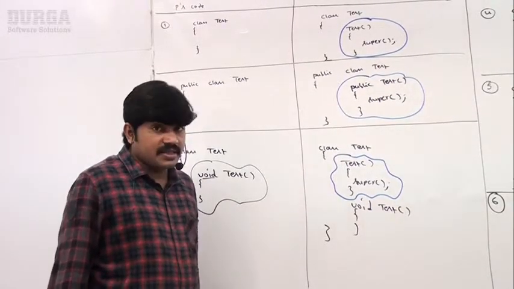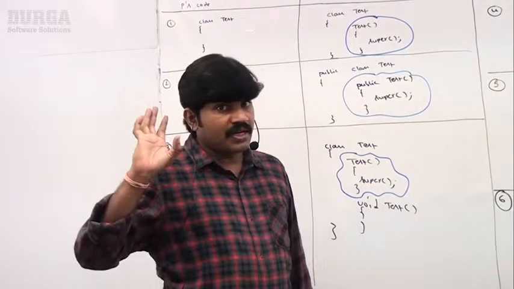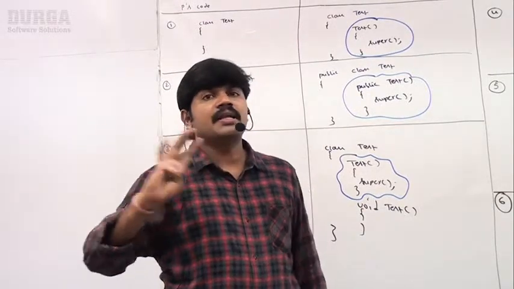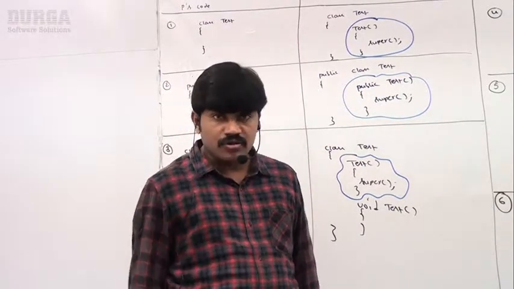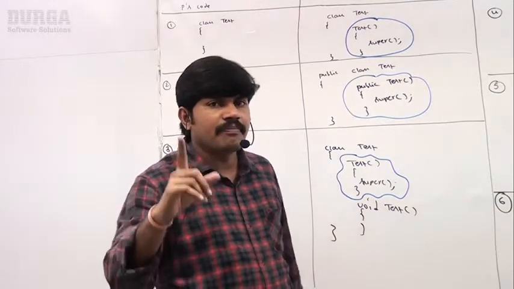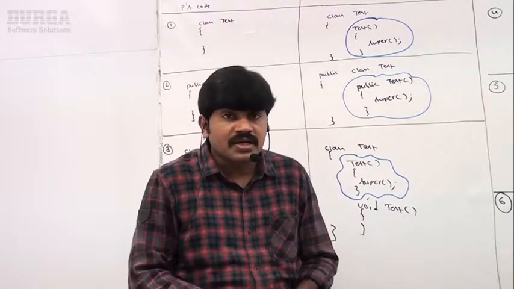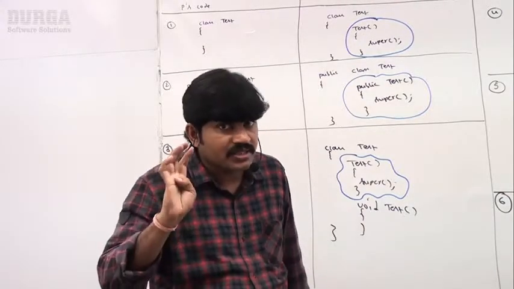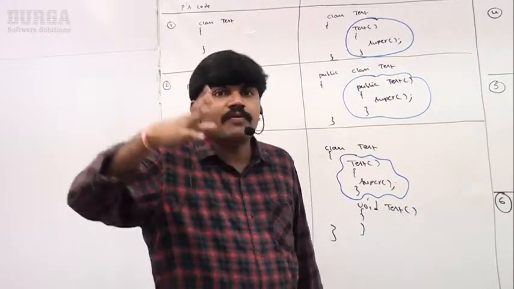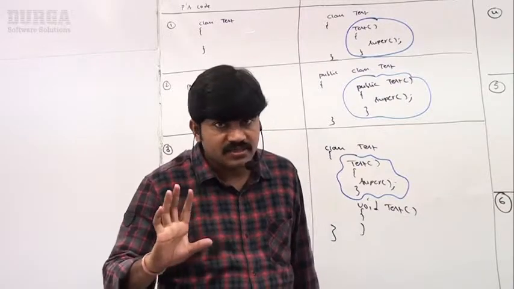From this discussion, you should be aware when the compiler will generate a default constructor: if your class doesn't contain any constructor, not even one, then only the compiler will generate a default constructor. Next, what is the prototype of the default constructor? It is always no-argument constructor, access modifier same as the class modifier. It contains only one line, super, which is a call to the parent class constructor.